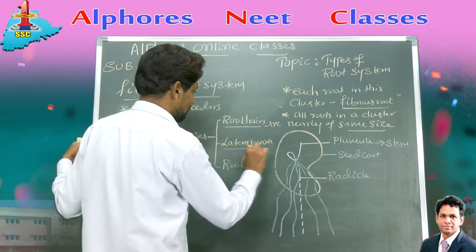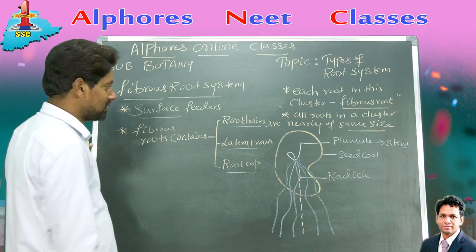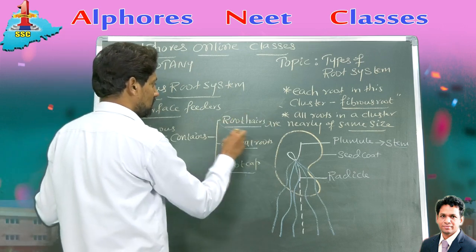Number 2, lateral roots. Number 3, root cap. Is this statement okay? Therefore, fibrous roots contain root hairs, lateral roots, and root cap. Is it okay?